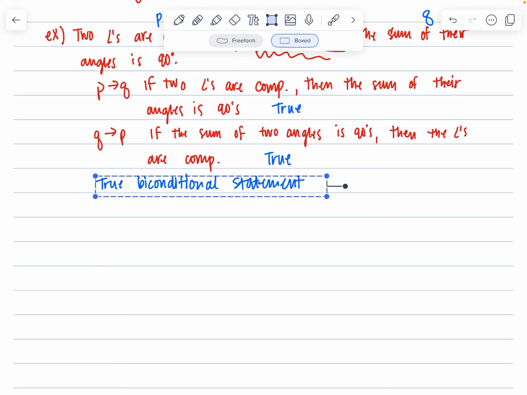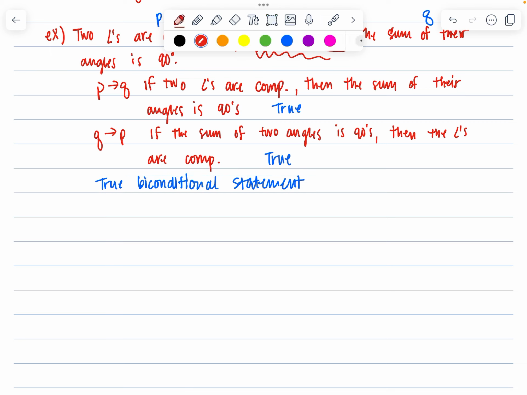So let's show you one where it's actually false, really quickly. Second example. Let's say we have a statement: x is equal to 5 if and only if x squared is equal to 25.